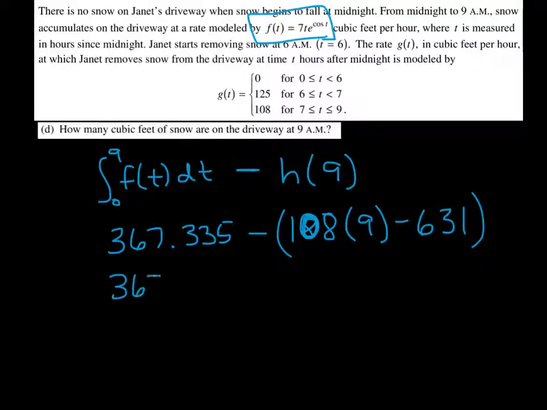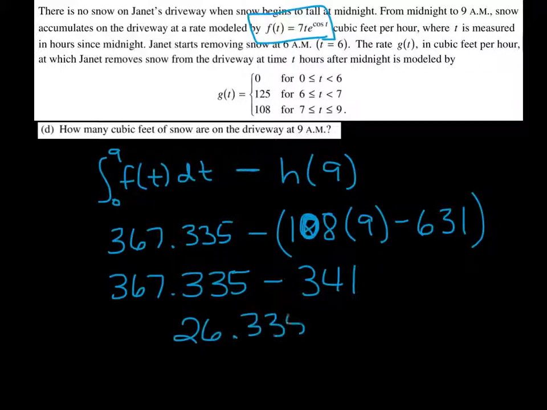So I have 367.335 minus 341. Subtracting those, I get 26.335 cubic feet of snow on the driveway at 9 a.m. And that is the final answer for that one.